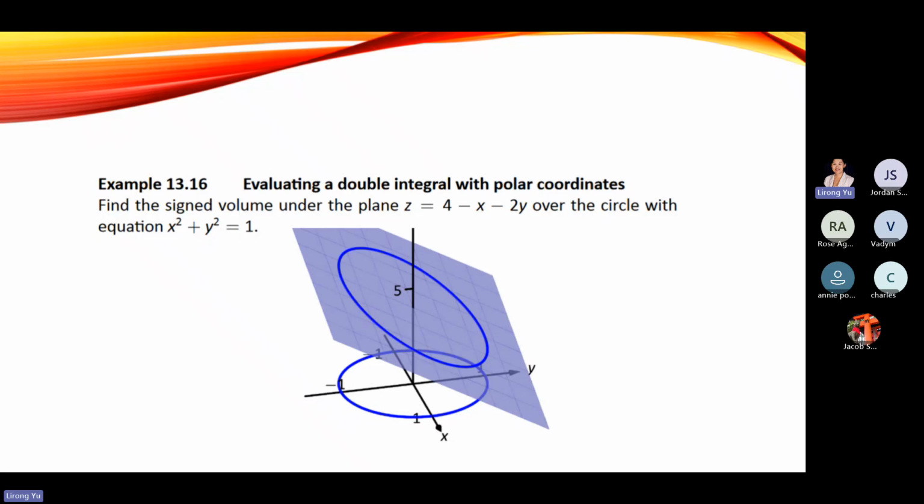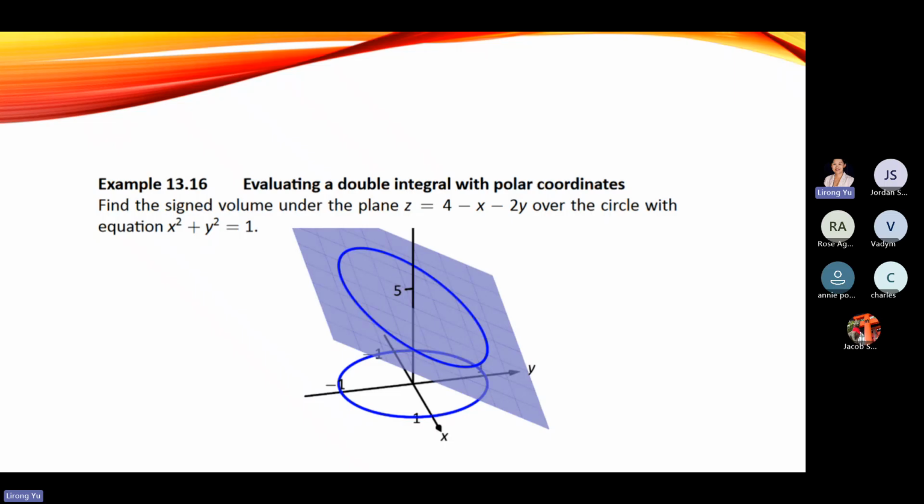In this question, x squared plus y squared equals 1 is basically the r equals 1 circle. x is r cosine theta, squared, and y is r sine theta, squared. So we get r squared cosine squared theta plus r squared sine squared theta equals 1.